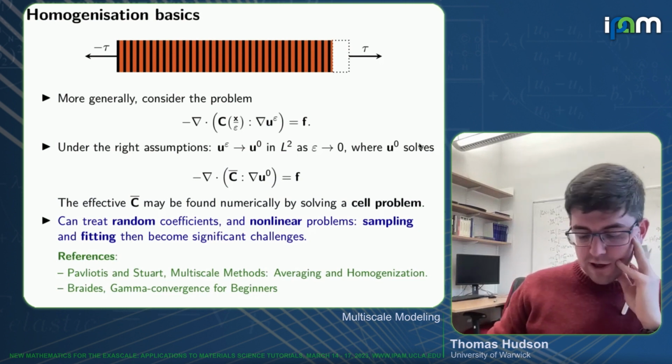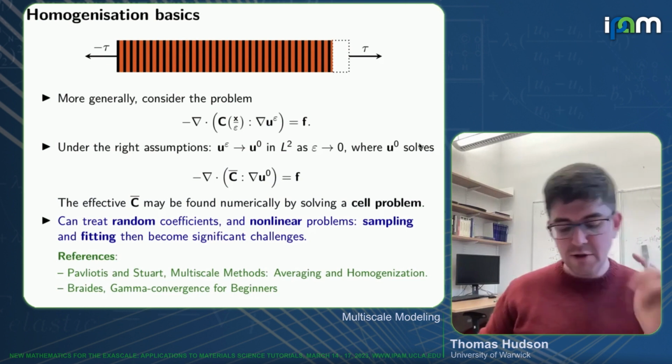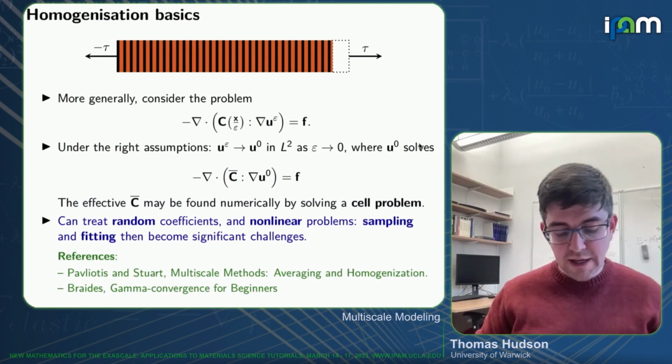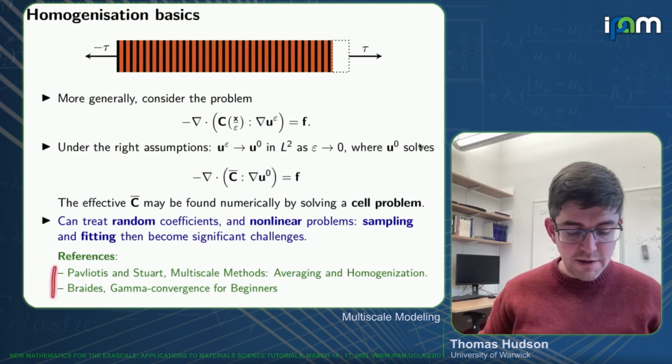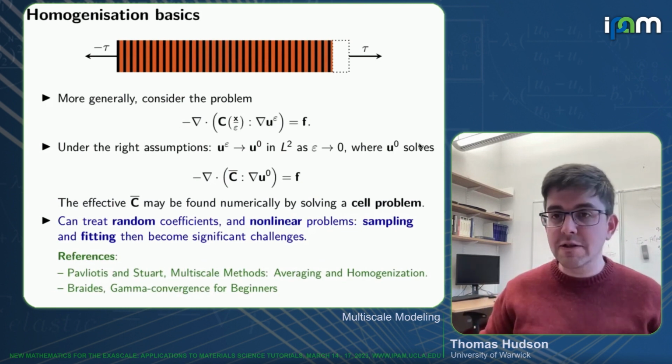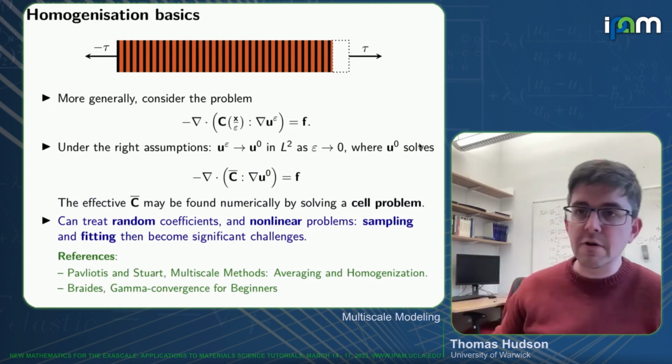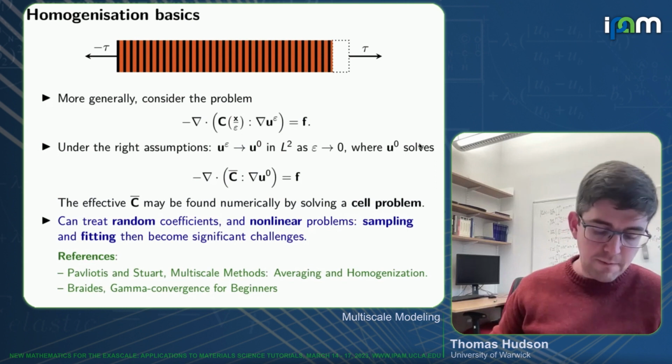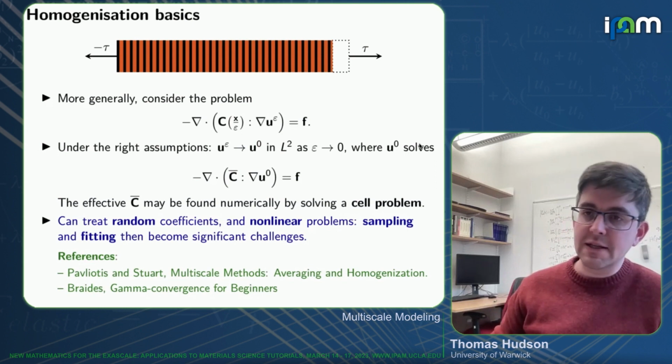In terms of literature that you can look at to think about some of these things, I can recommend Multiscale Methods by Pavliotis and Stewart, a good reference from the maths literature side. That talks about both averaging and homogenization, as it says in the title, but it actually talks about a lot of different techniques for reducing models, both ODE, stochastic differential equations, and PDE models.